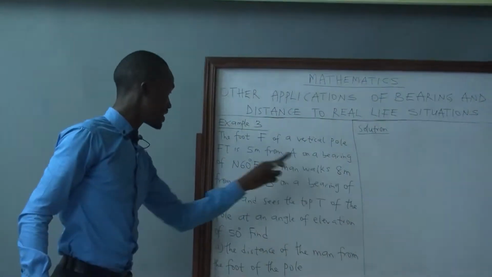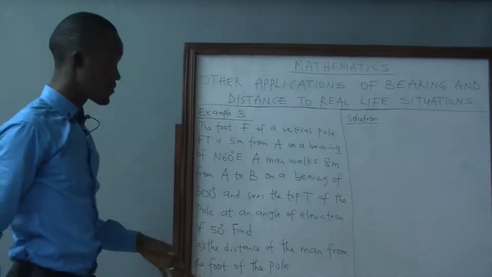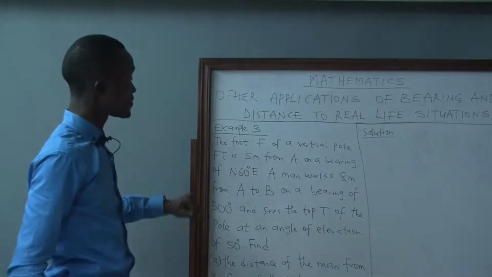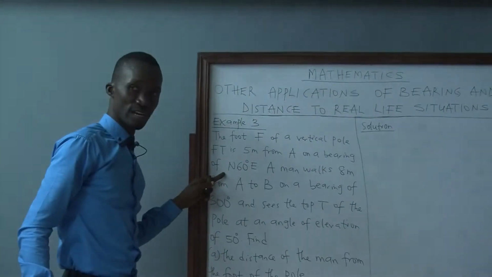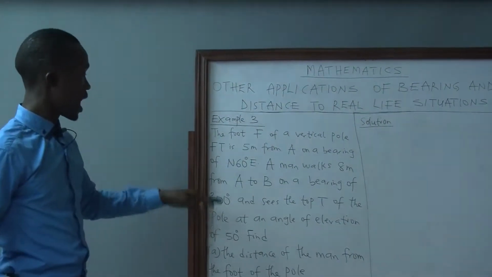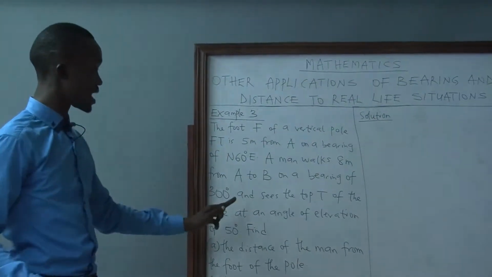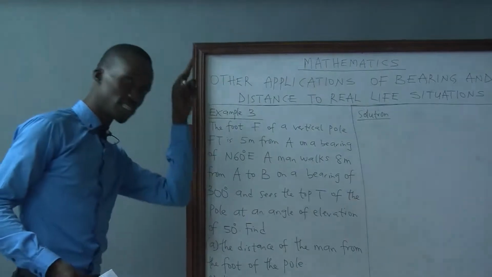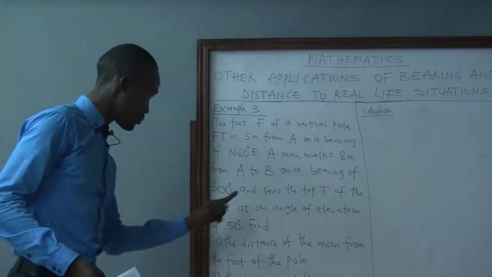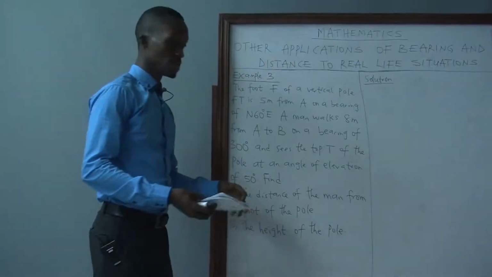A man walks 8 meters from A to B on a bearing of 300°. Now if you look at this question, we notice that we have the combination of compass bearing and surveyor's bearing together in the question. And after walking on a bearing of 300°, a distance of 8 meters, the man now sees the top T of the pole at an angle of elevation of 50°.